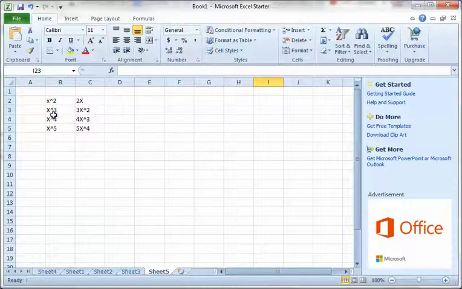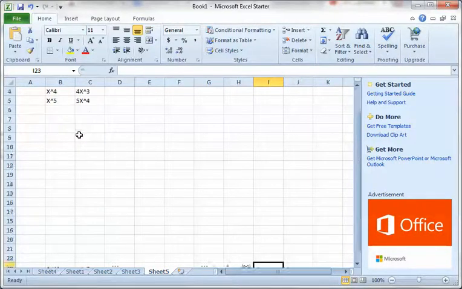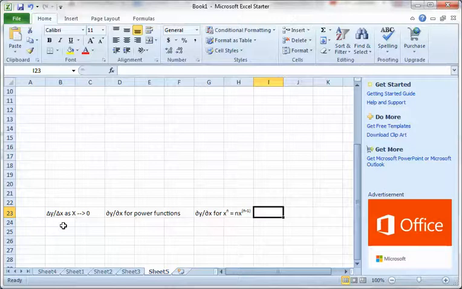If the initial function is x to the 3rd, then it's 3x squared. If the initial function is y is equal to x to the 4th, the slope function is 4x to the 3rd. And finally, for the initial function of y is equal to x to the 5th, the slope function is 5x to the 4th.